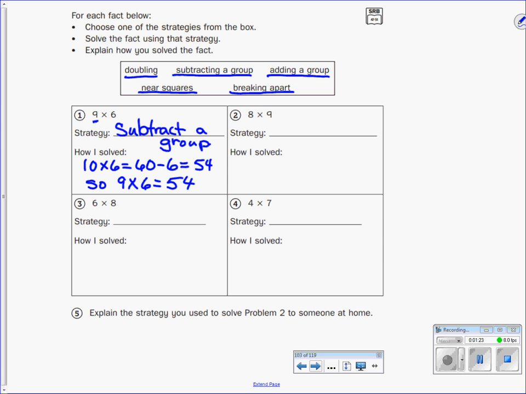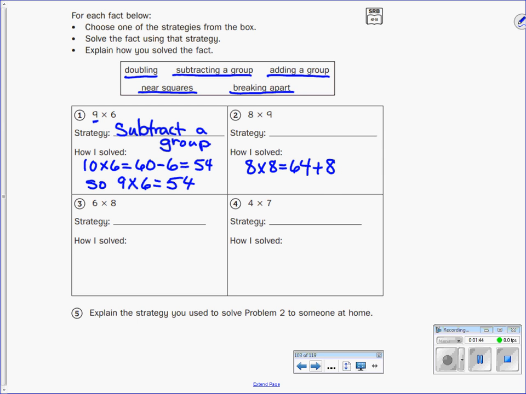Okay, number 2. I can look at 8 times 9 and I can say, okay, well, I know that 8 times 8 is 64. I know that's a square. Okay, and here I have to add a group.